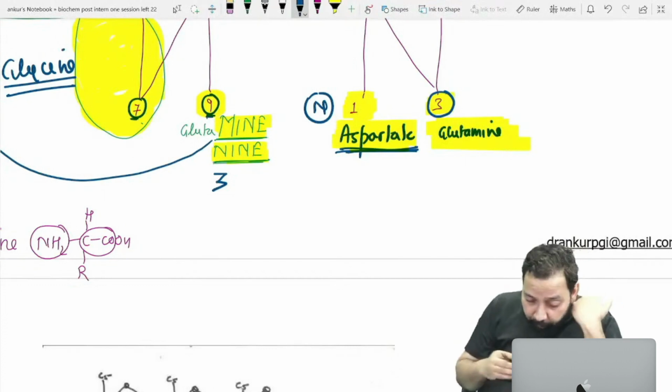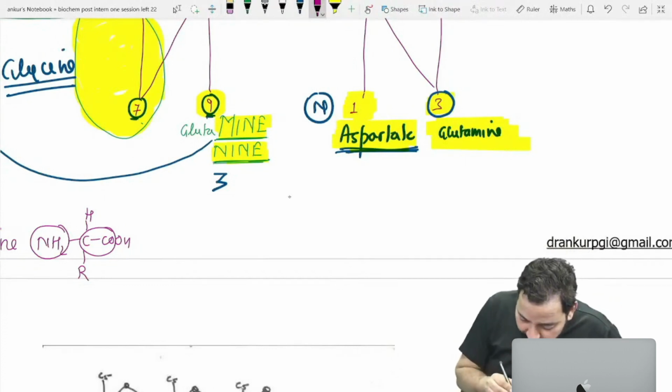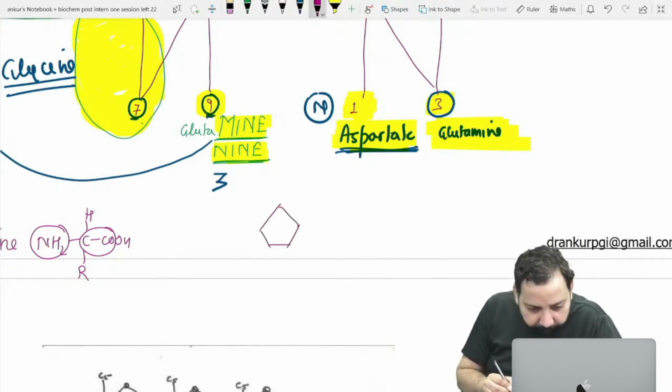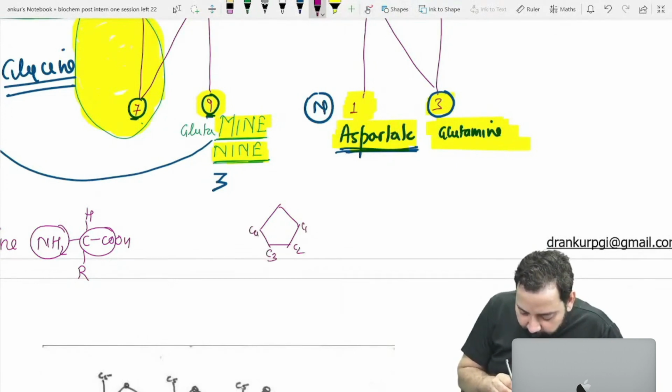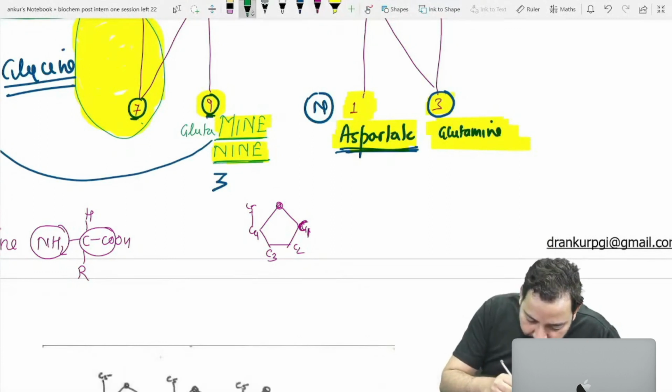So I can write ribose like this: C1, C2, C3, C4, C5, oxygen. And C1, I extend like this.